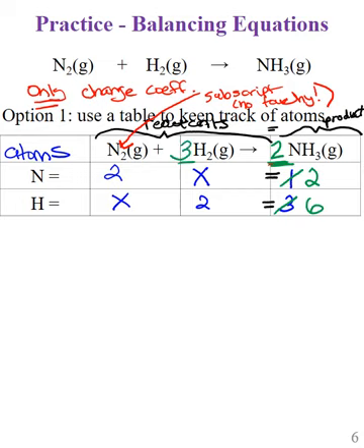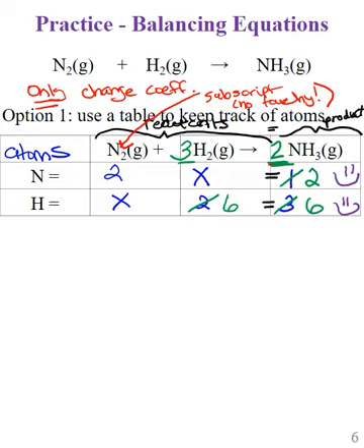Alright, so let's change it. Instead of 2 hydrogens, now I will have a total of 6. Now is everything balanced? Yeah, because I have 2 nitrogens on the left, 2 nitrogens on the right, so we're good there. For hydrogens, we have 6 on the left, 6 on the right, so we're good there.